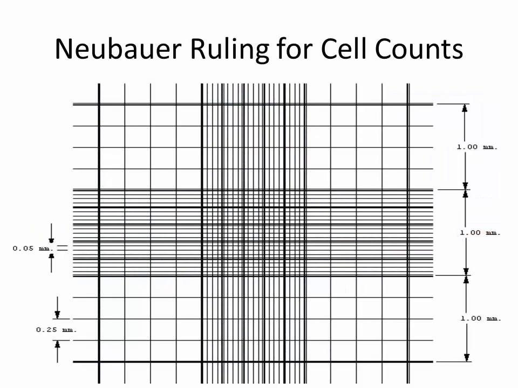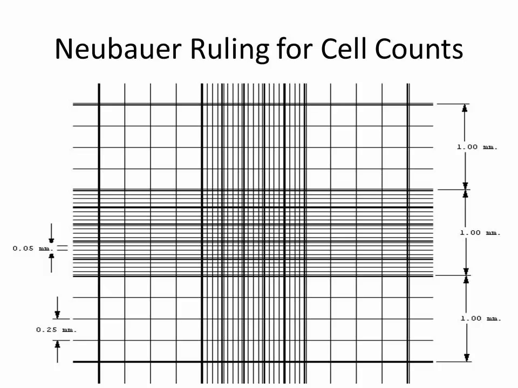On the Neubauer ruling for cells, this is what you see on either side of that trench on the Neubauer plate. It's nicely gridded, and that makes it more expensive. These are about $70 or $80 a piece, but you use them over and over and over again.